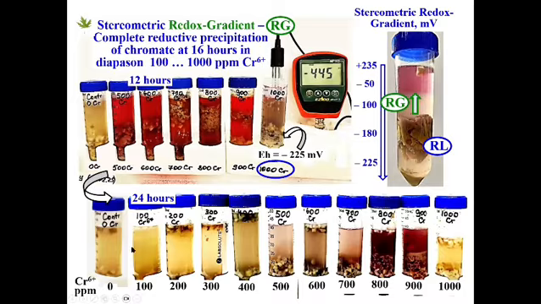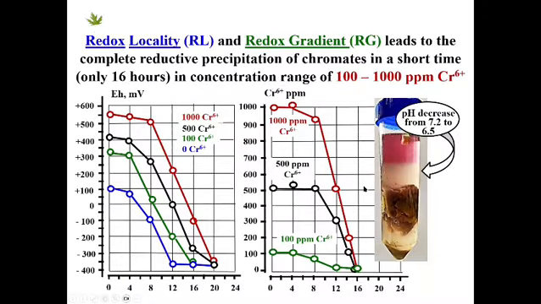It was necessary only 16 hours to complete precipitation of chromate in a wide range of chromium-6 concentrations, from 100 ppm to 1000 ppm. And here you can see graphical confirmation.